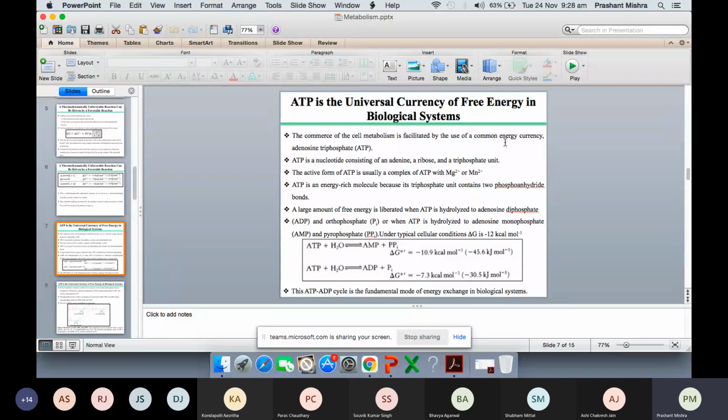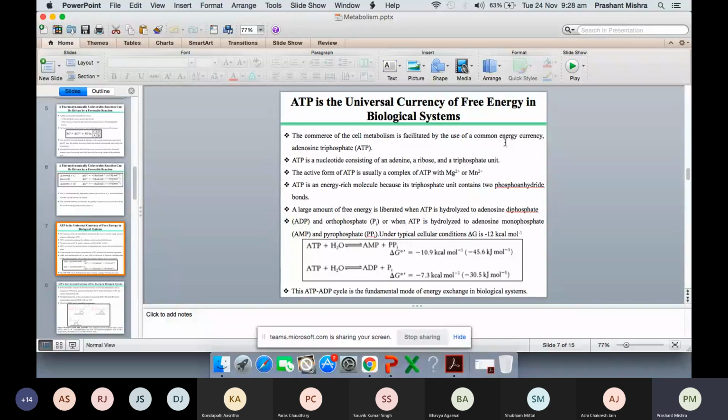There are three phosphate groups which are associated, and I will talk about the importance of those three phosphate groups. In most reactions, you will learn that the active form of ATP is usually complexed with magnesium or manganese. These are the ones which help in the binding, and there are a lot of reactions where the enzymes require these ions.